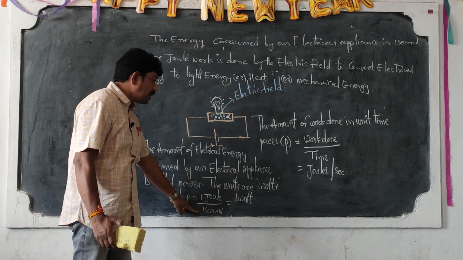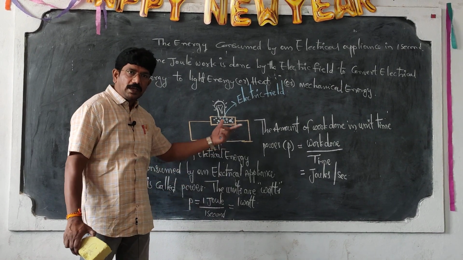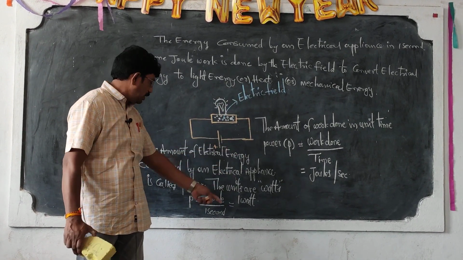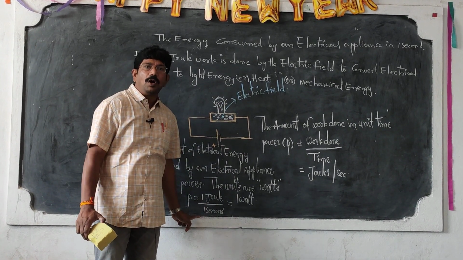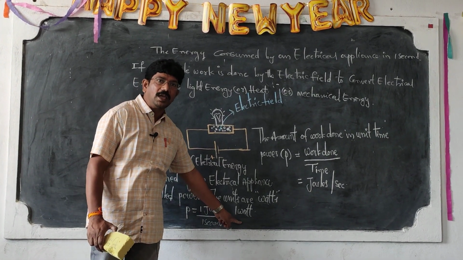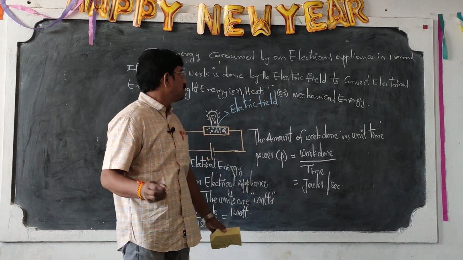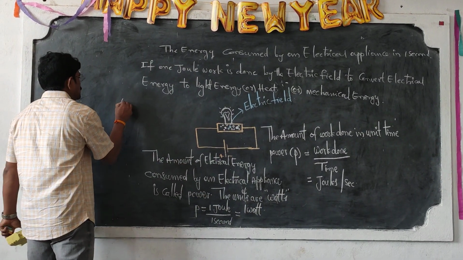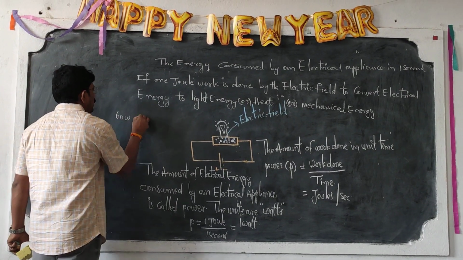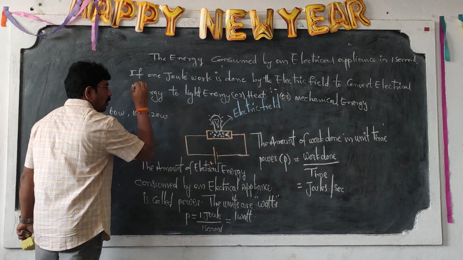If 1 joule of work is done to convert electrical energy to light energy or mechanical energy or heat energy in 1 second, then the power of that electrical appliance is equal to how much? 1 watt. Okay, if you observe the market bulbs, you will find 60 watts, 100 watts, 20 watts. What does it mean?